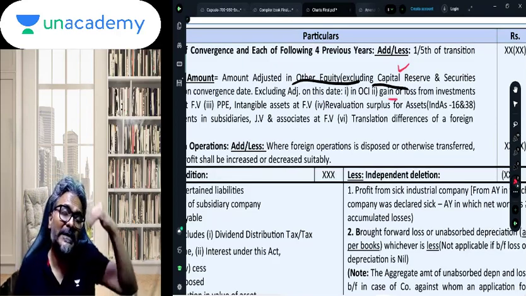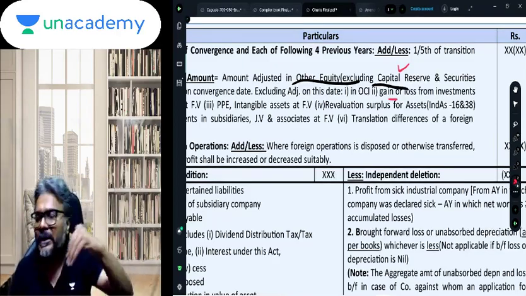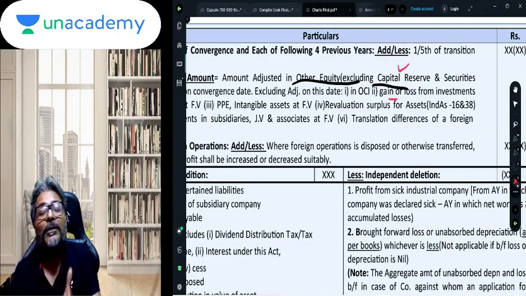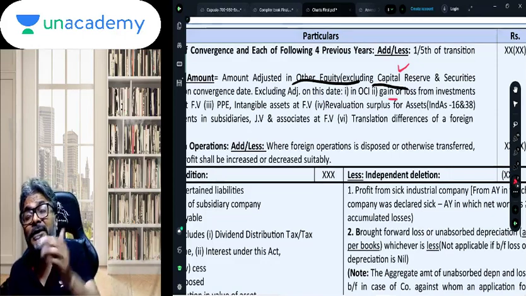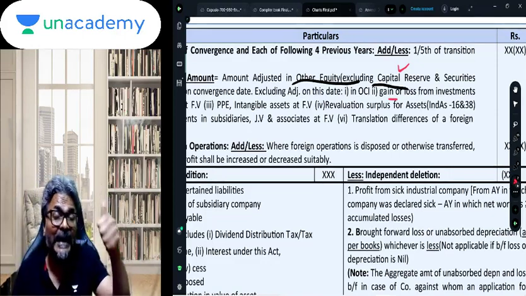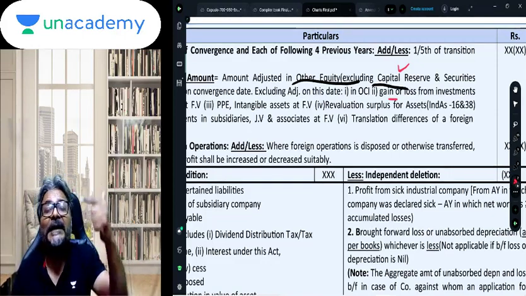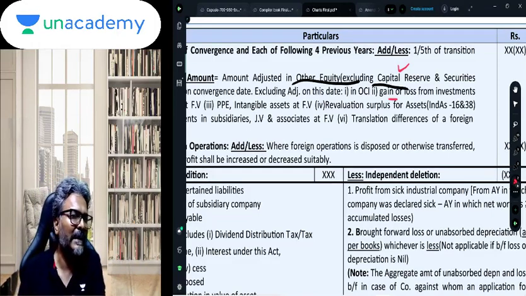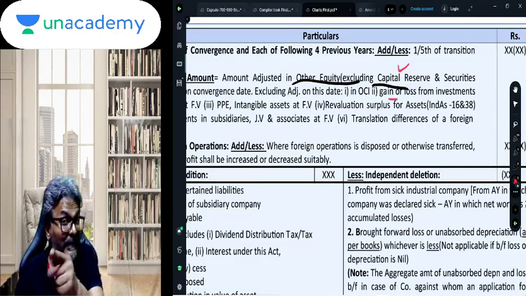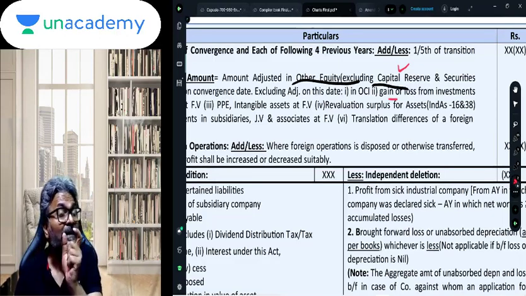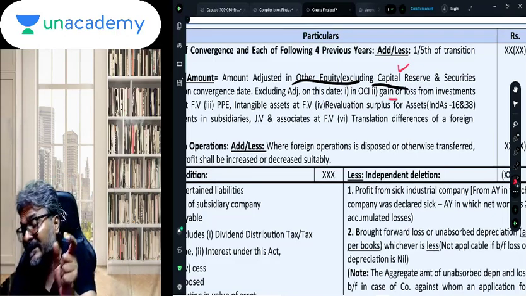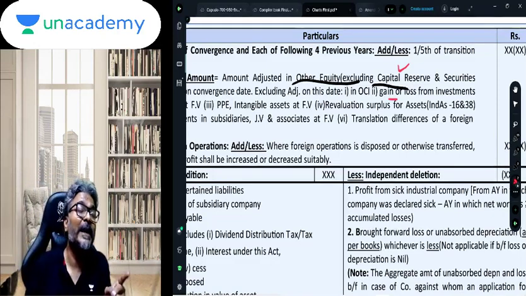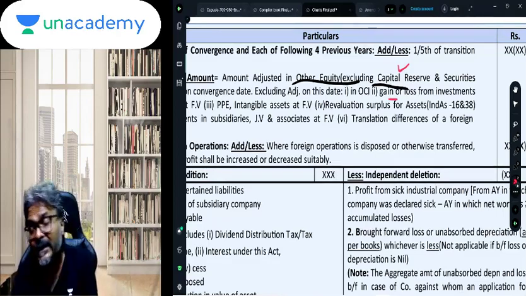Whatever we have discussed in point number 1 applies here too: you will not recognize the notional gain or notional loss at the year of conversion in respect of the assets and in respect of the investment in equity instruments. As we have just seen in point number 1, their recognition will only be made on a real gain or real loss basis.